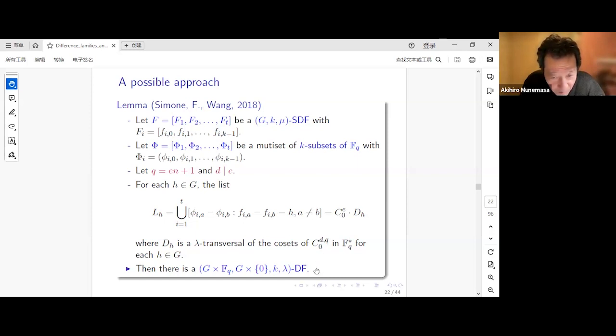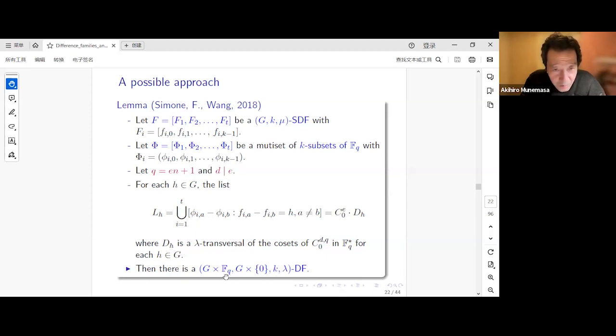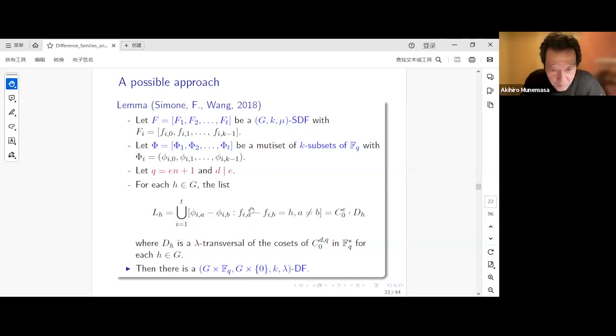It's about the existence of this difference family, which depends on the group G, which appears in the first line of the assumption, and also on the field F_q and the integers k and lambda.